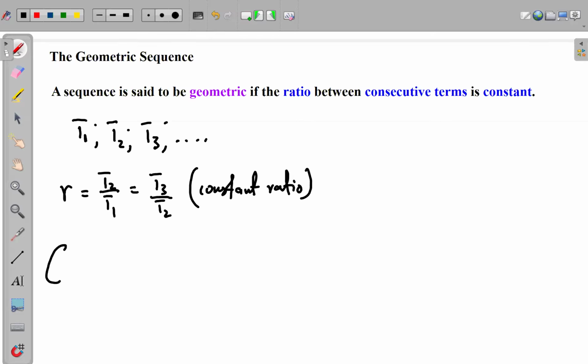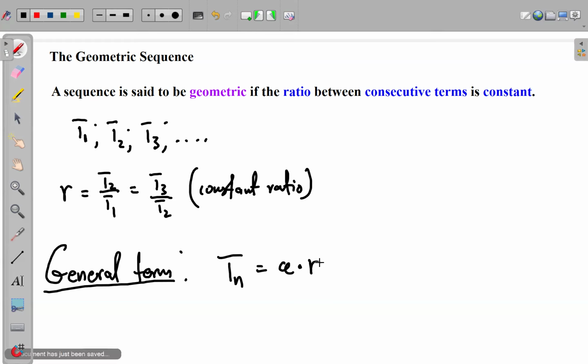The general term, we do not have time to derive this one, so I will write it down for you. The general term, known as Tn, is usually given as a times r to the n minus 1. Again, just like the arithmetic sequence, a here is your first term.